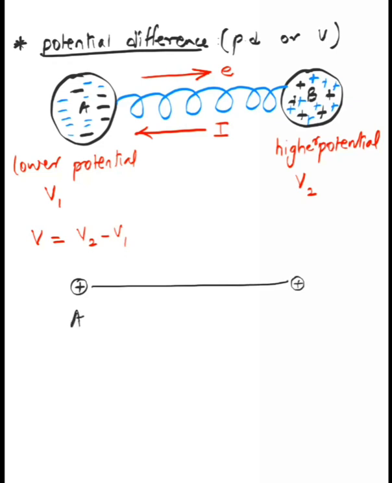So when I have moved from A to B, I have done some kind of work by applying a force and moving it over a distance S. Imagine there is a positive charge at A. You're applying an electrostatic force on it with another positive charge, repelling it and getting it from A to B. So you've done some work. Obviously, work is equal to F into S. The amount of work which you do is called the potential difference.